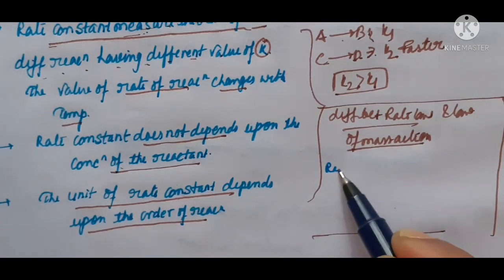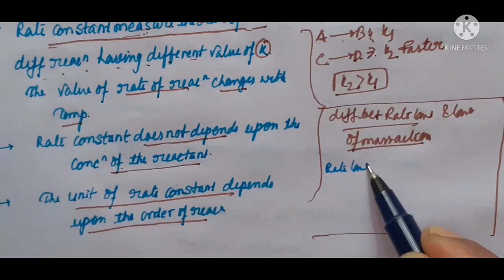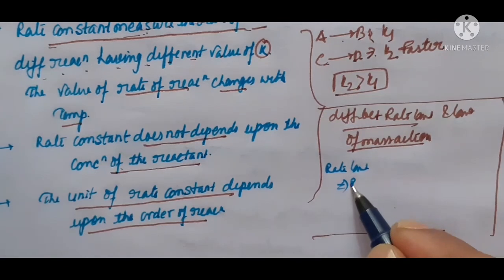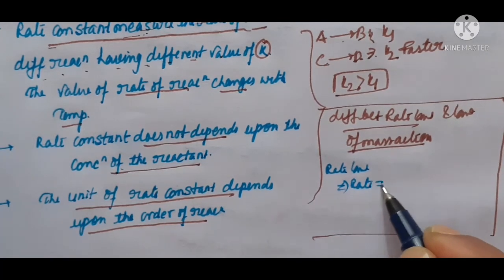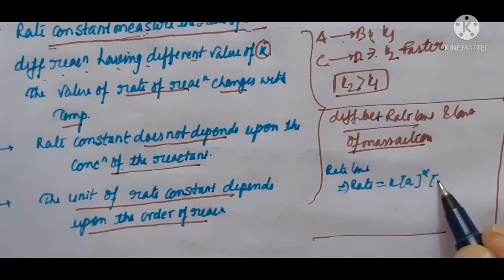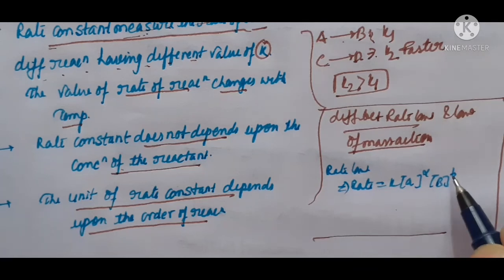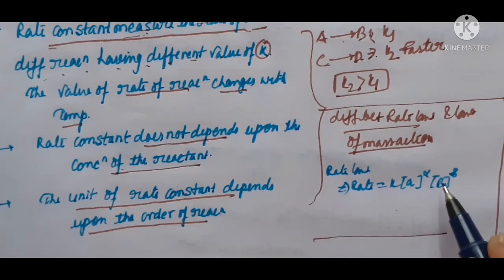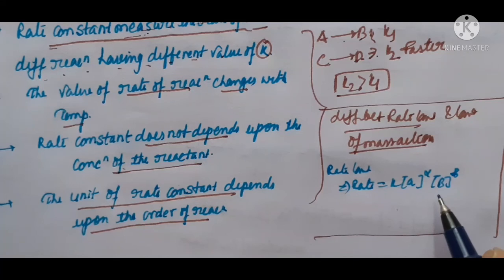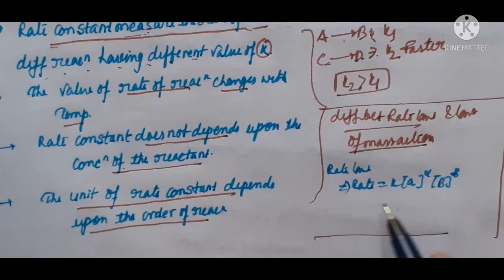According to rate law, rate equals K [A] to the power alpha and [B] to the power beta. Here alpha and beta are unknown terms that we have to find out by using the data. So by the rate law, order of reaction can be calculated in this particular form. That is, order of reaction is not fixed.